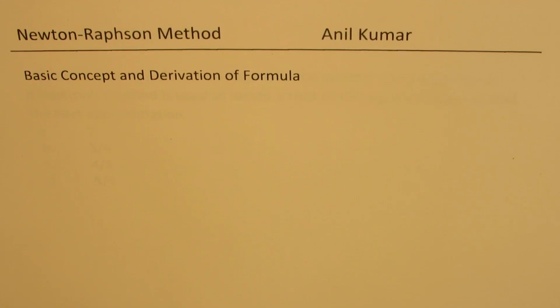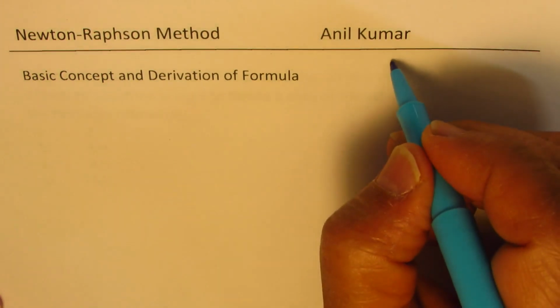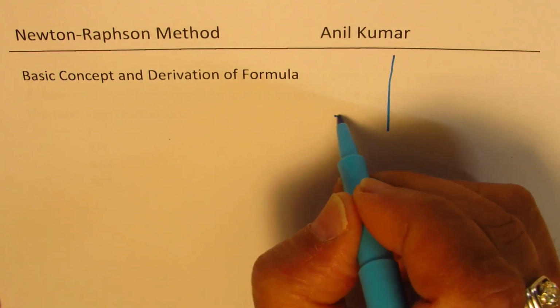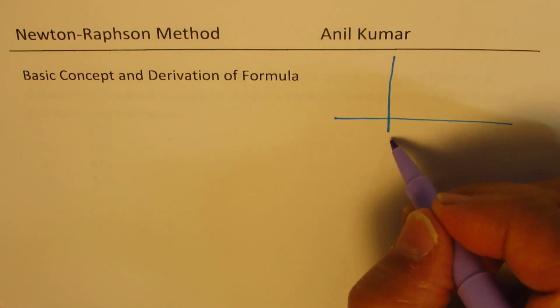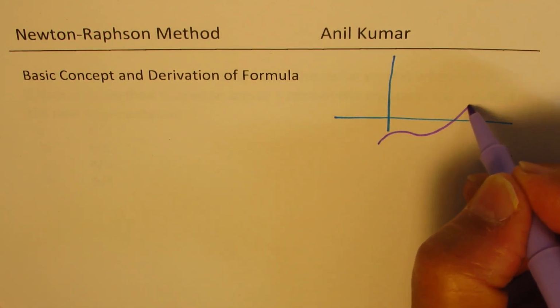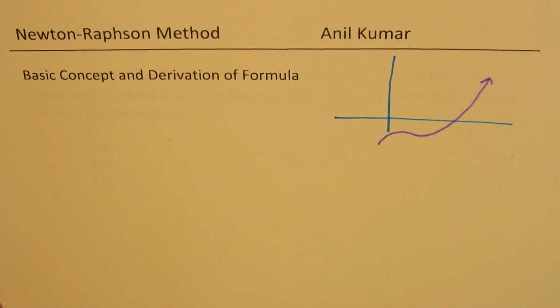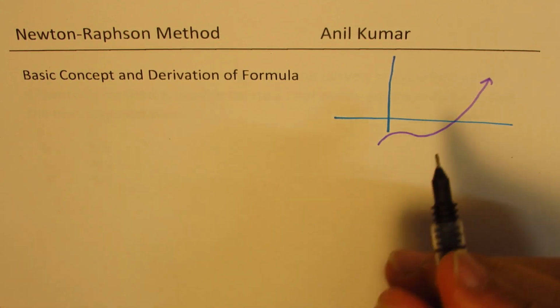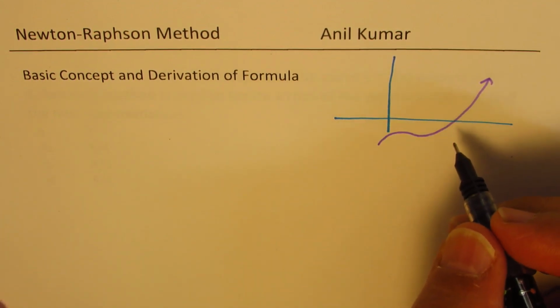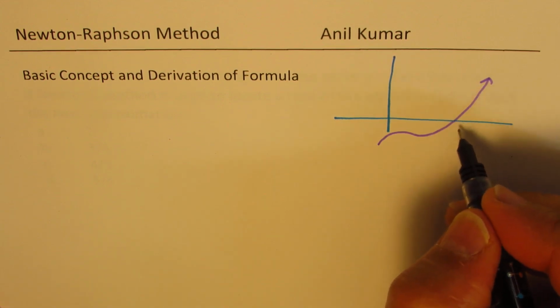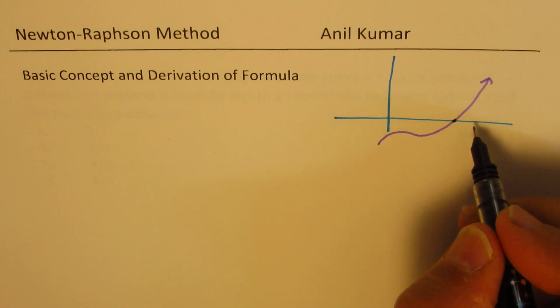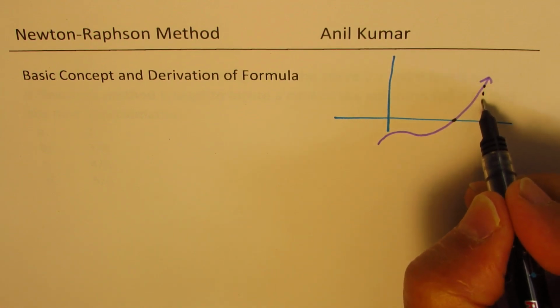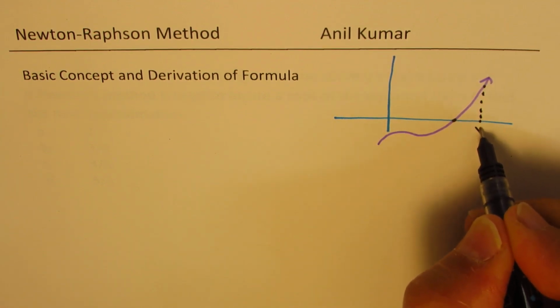Okay. Now we'll again recall what we just did. Right. So let me make a small sketch here for part of the diagram. Let's say our diagram was kind of like this, right? And what we did was that we selected a point x1 somewhere on the right side of our root, right? So we want to find this particular root as our solution. We selected a point x1 here.